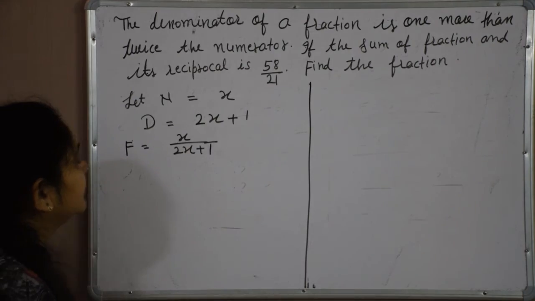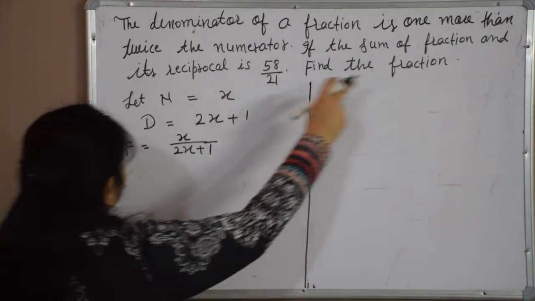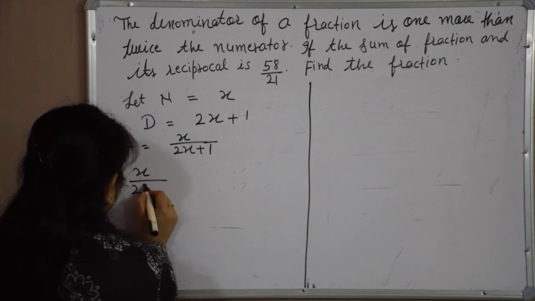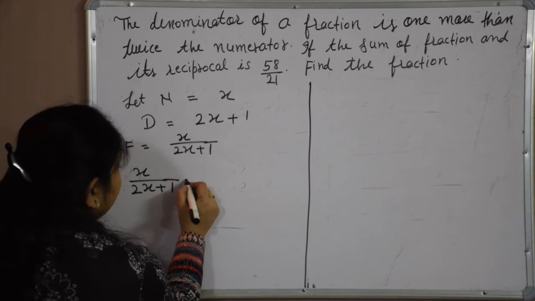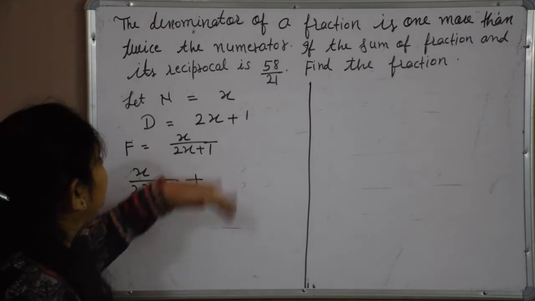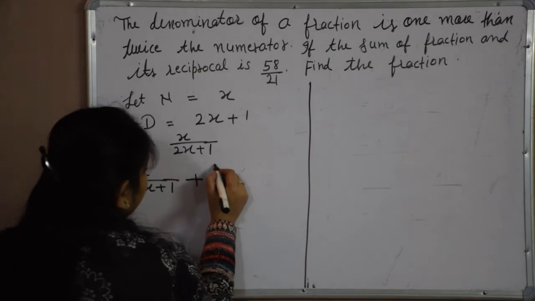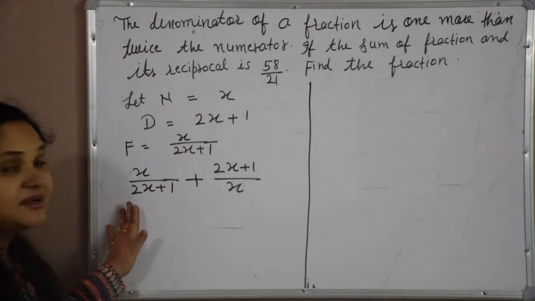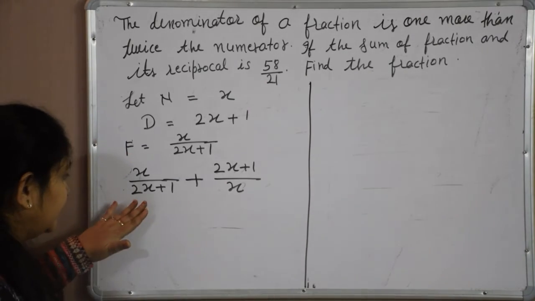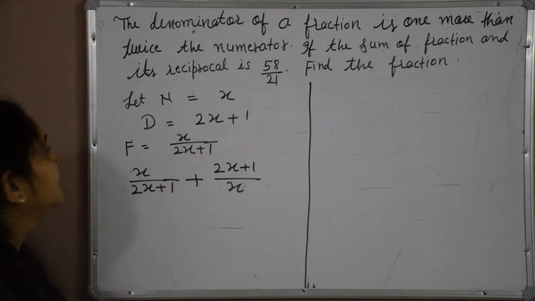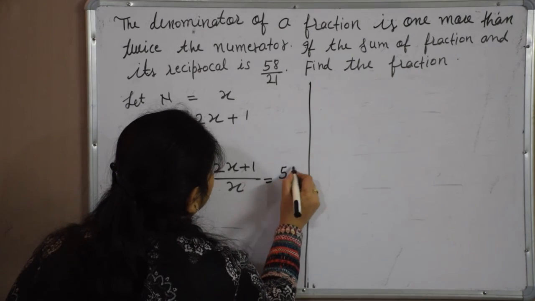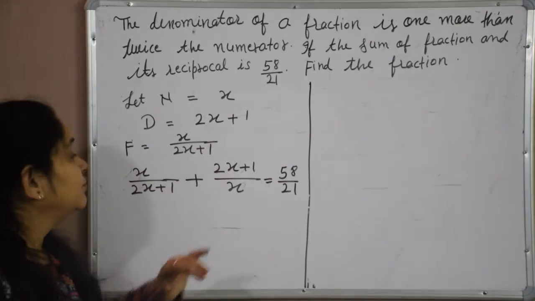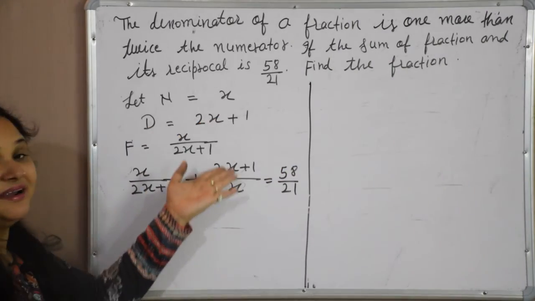The condition is that the sum of the fraction, x upon 2x plus 1, plus its reciprocal, which will become 2x plus 1 divided by x, is equal to 58 divided by 21. Find the fraction. So if we find x, we can easily write the fraction.